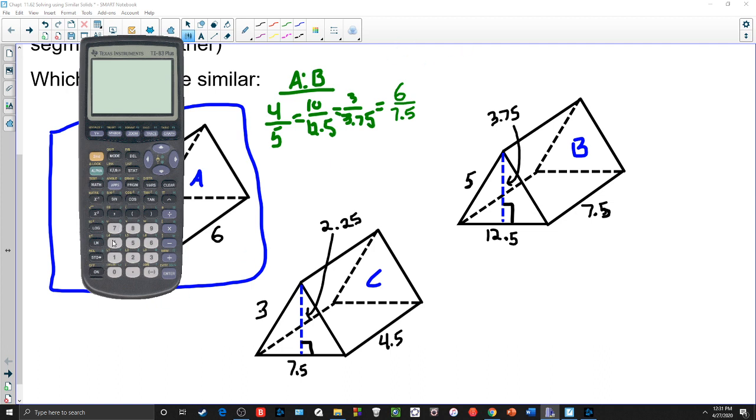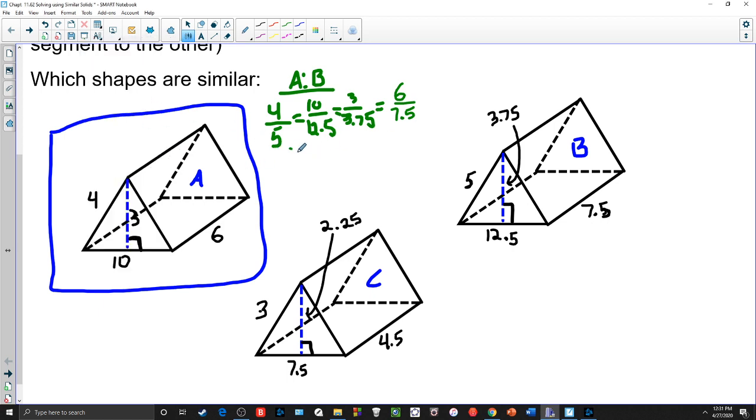So let's check here. 4 divided by 5 is 0.8. 10 divided by 12.5 is also 0.8, so we're good so far. 3 divided by 3.75, 0.8. 6 divided by 7.5, 0.8. So all of these divide out to being 0.8, which means that they're similar, because all the scale factor fractions agree.